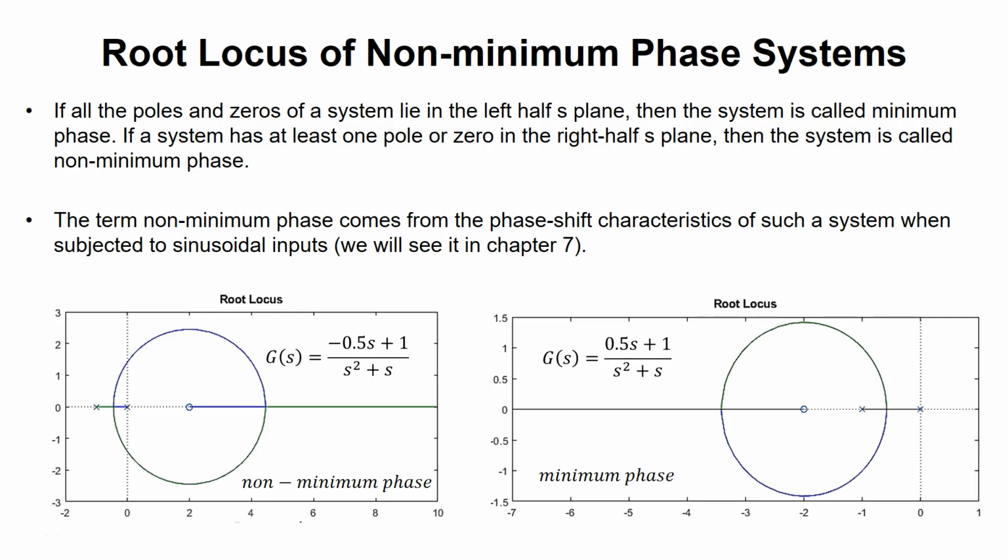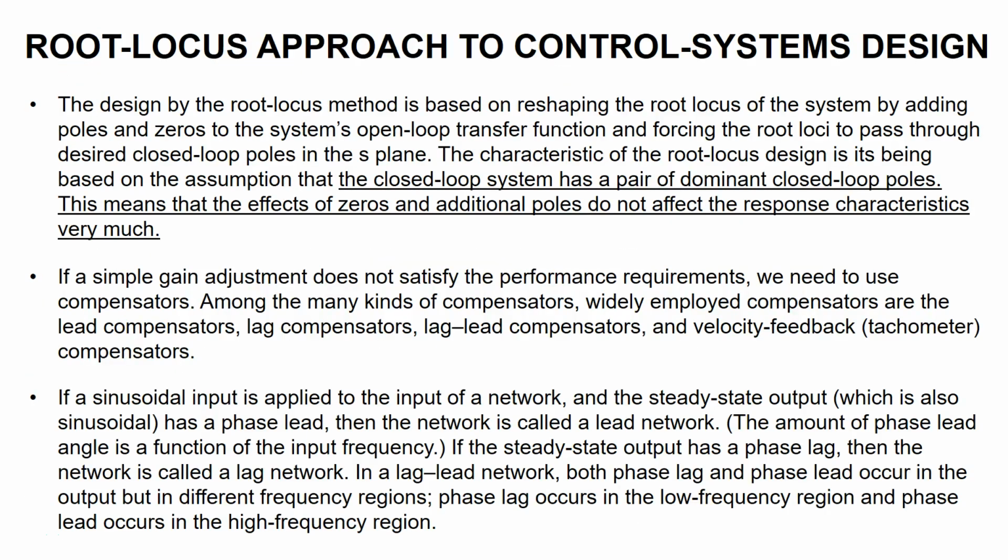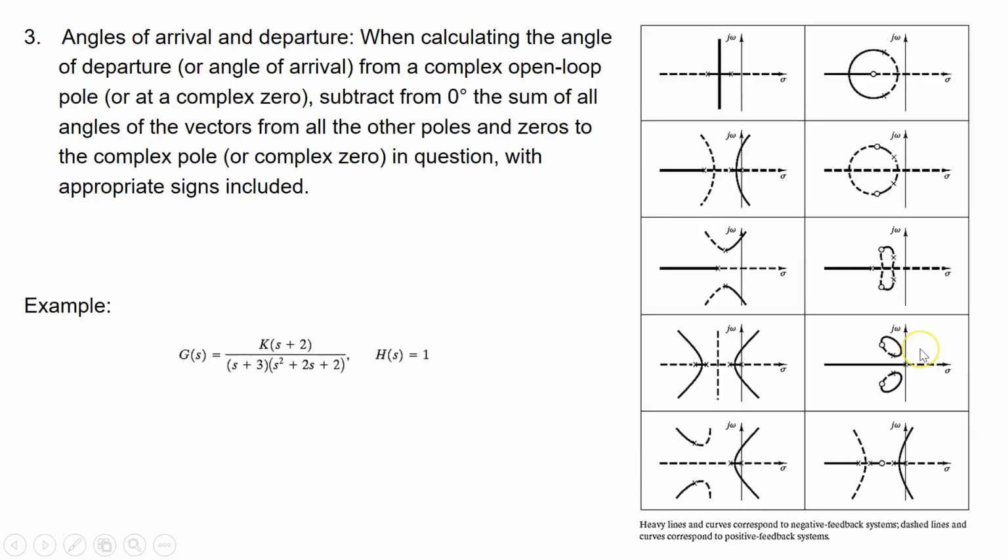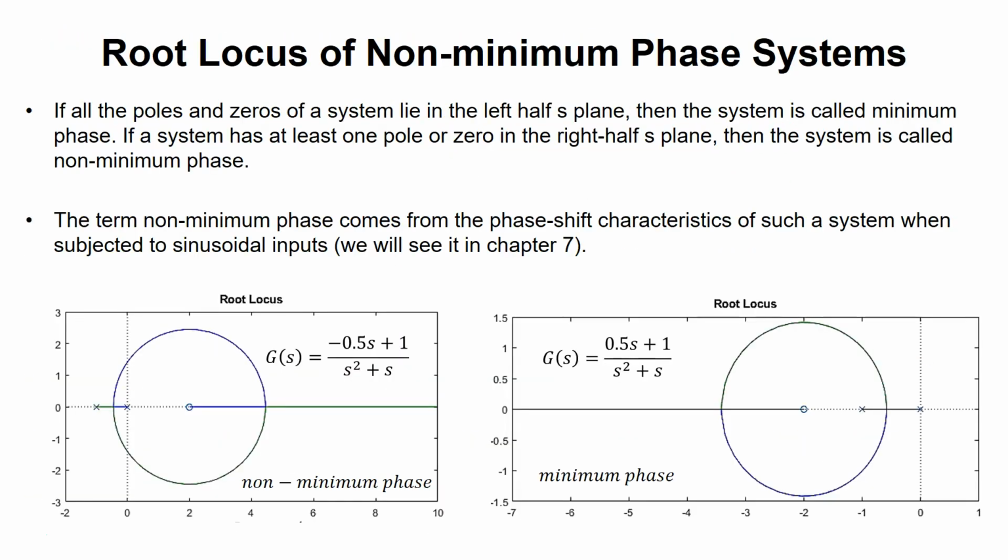Why? Where does phase come from here? It will be reviewed in chapter 7 when we look at the frequency response of systems. We'll see that for systems with a pole or zero on the positive side of the imaginary axis, when we look at their phase plot, their phase at higher frequencies is significantly more than a similar system with the same poles and zeros but on the left side.